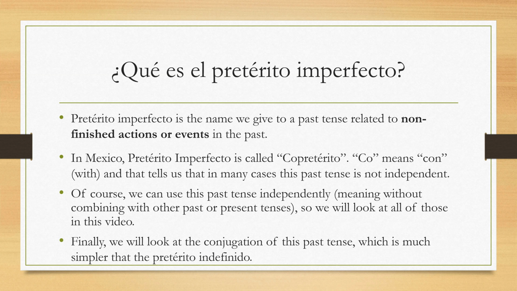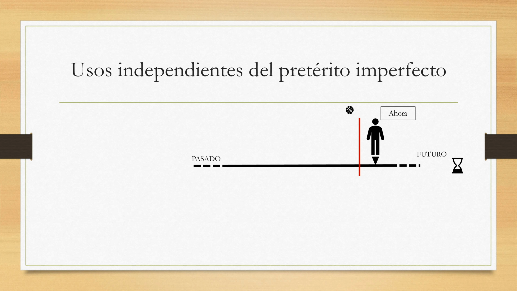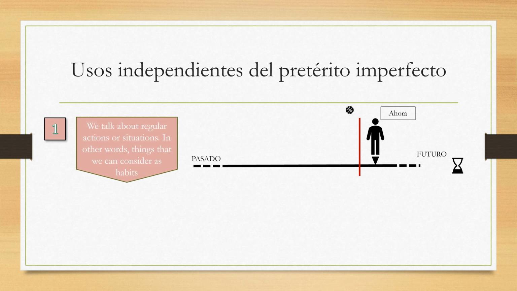Let's begin with how do we use this past tense. As always, I give you here a timeline with pasado, futuro, y ahora. We are going to be using imperfecto to talk about regular actions or situations.